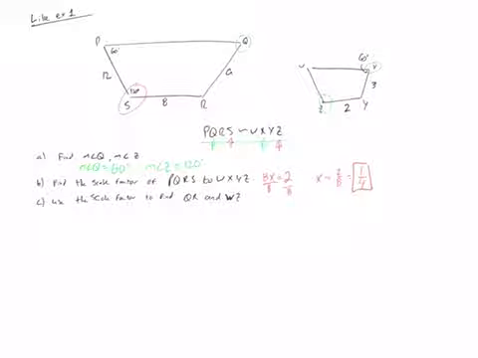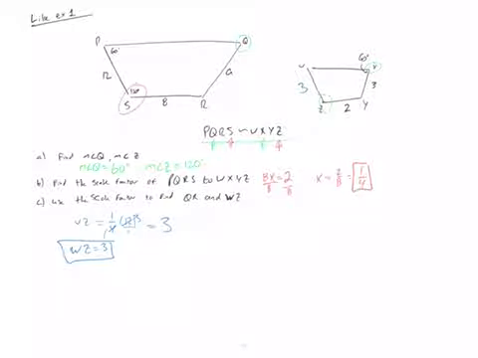So I will say that WZ is going to equal 1/4 times 12. So 4 goes in that 1 time, goes in that 3 times. So WZ is equal to 3. So this length over here is equal to 3. Okay?